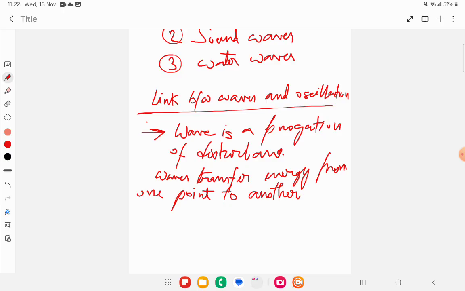Oscillation is a periodic movement of a particle or system which can produce waves.